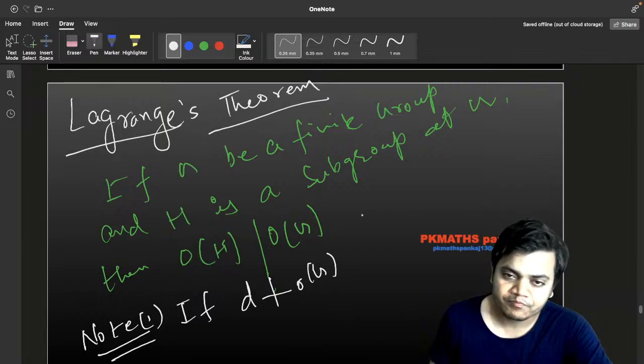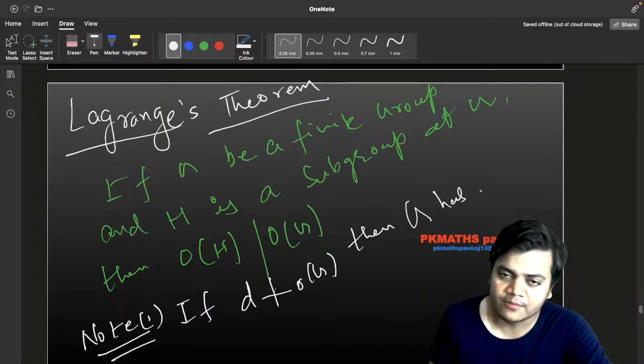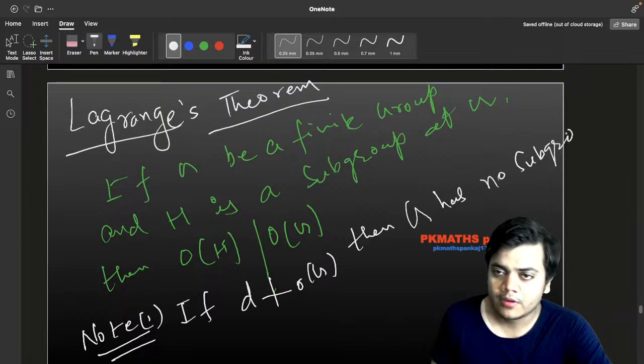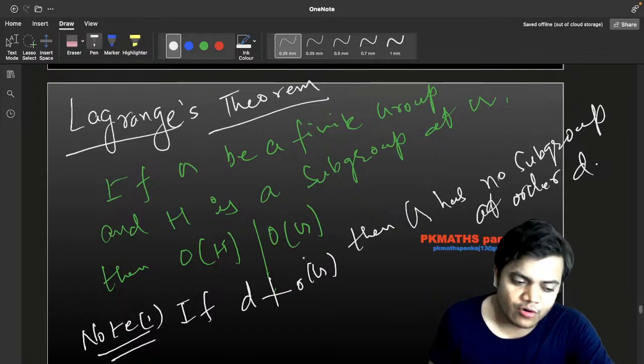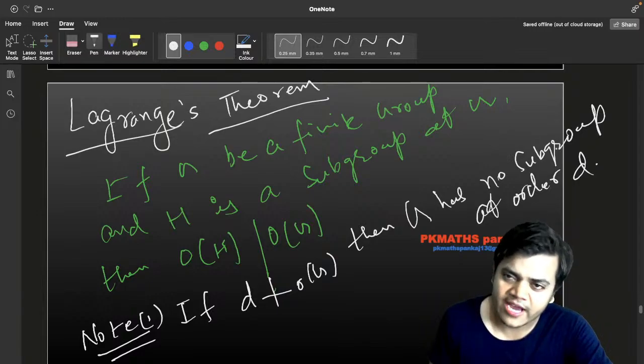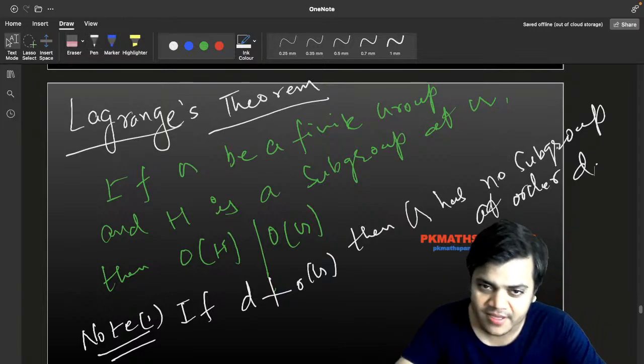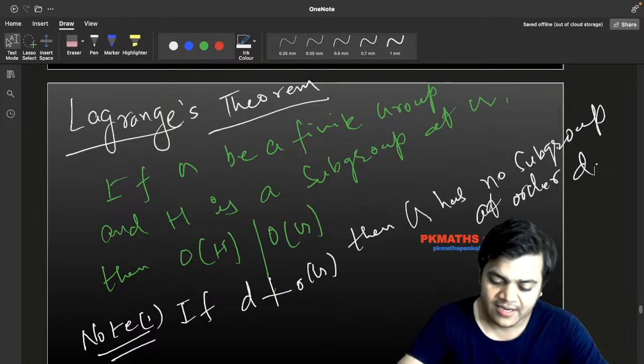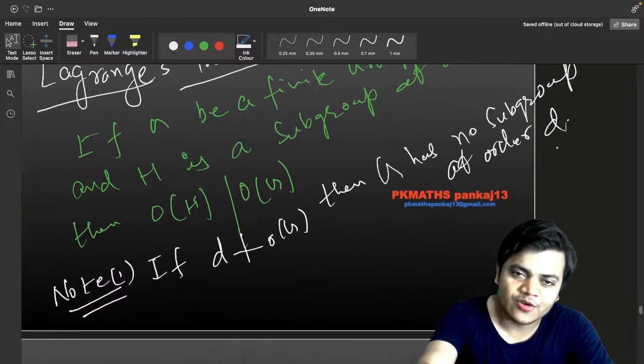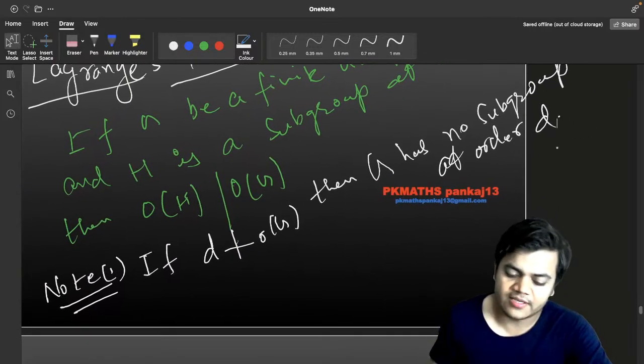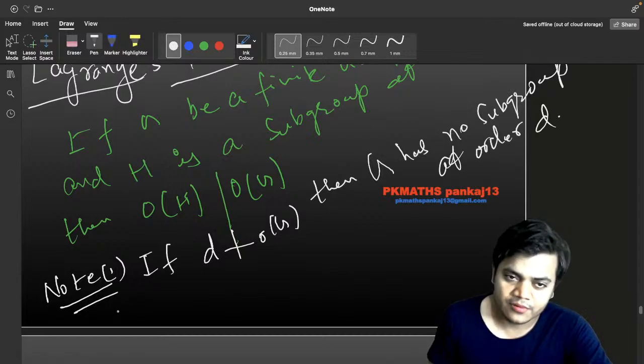Then it is confirmed that G has no subgroup of order D. If D does not divide the order of Z, then G will not have any subgroup of order D. This is confirmed. But the converse is not necessarily true.